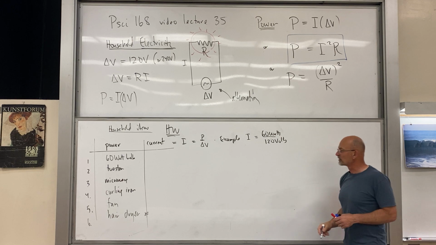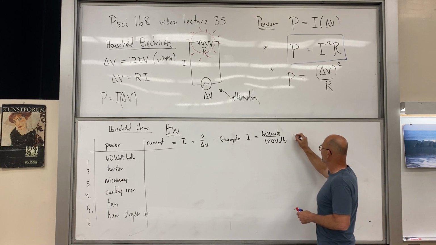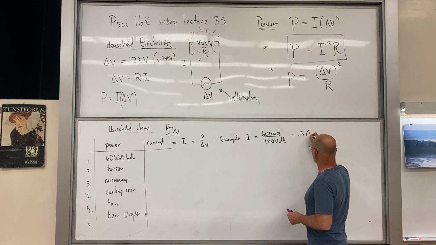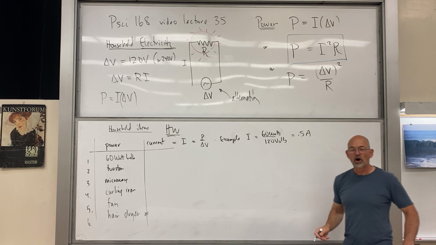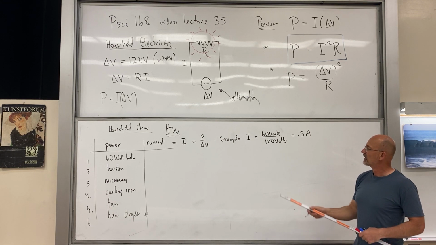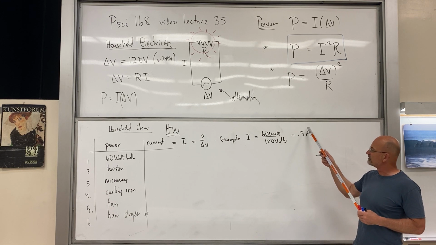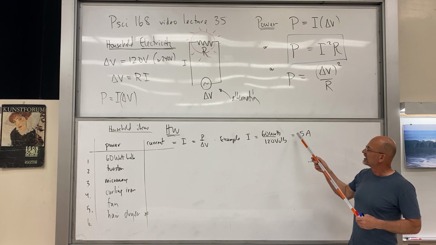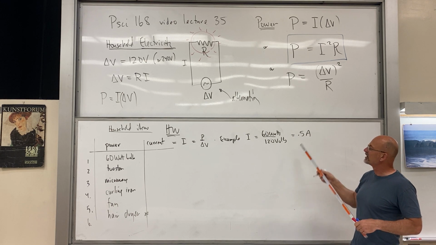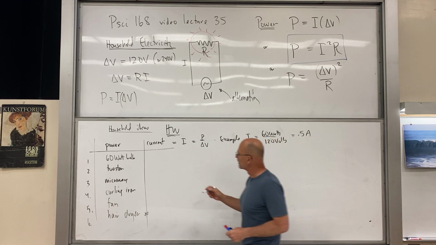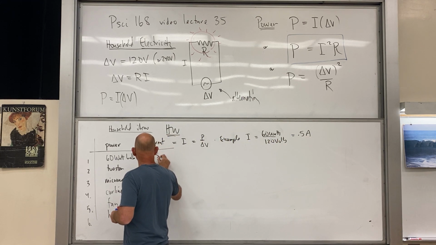What do you know? 60 over 120, that's 1/2. 0.5 amperes. Remember the car battery was a 12-volt battery. We had a 5 ampere current. Here at home, we have 0.5 amperes. So current, 0.5 amperes.